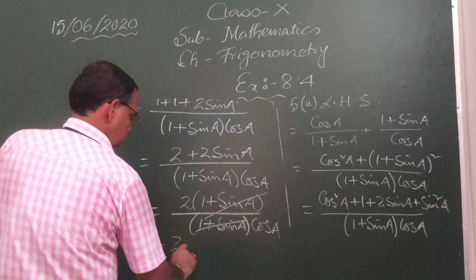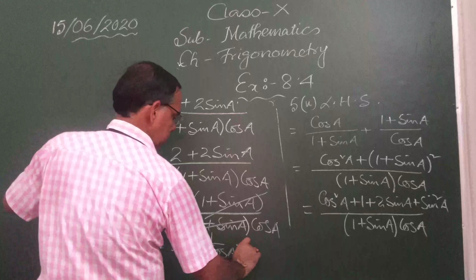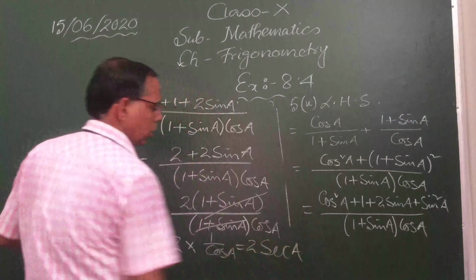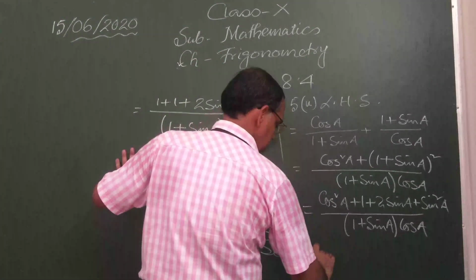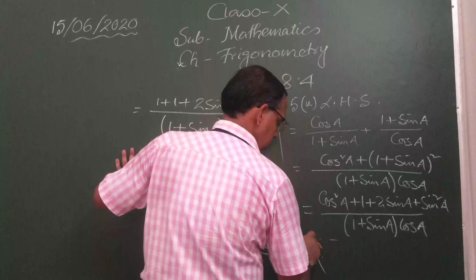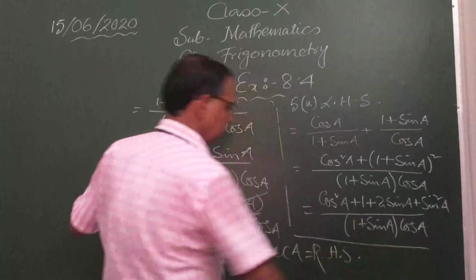So ultimately 2 into 1 by cos A. So what is that? 2 sec A. So this is your RHS.